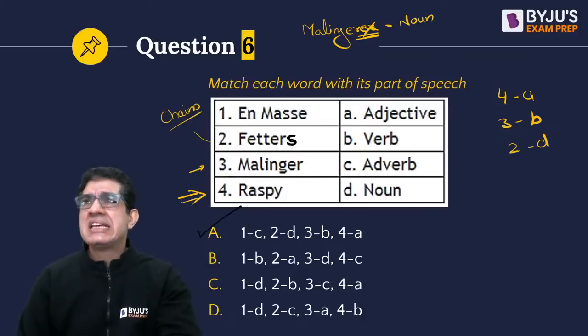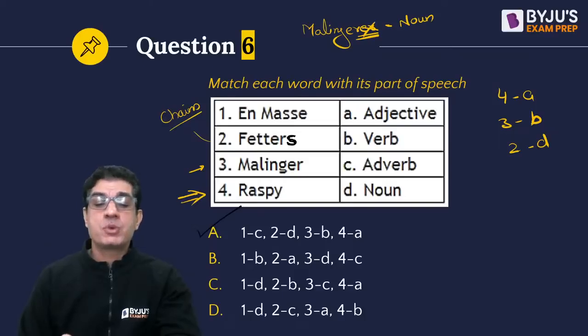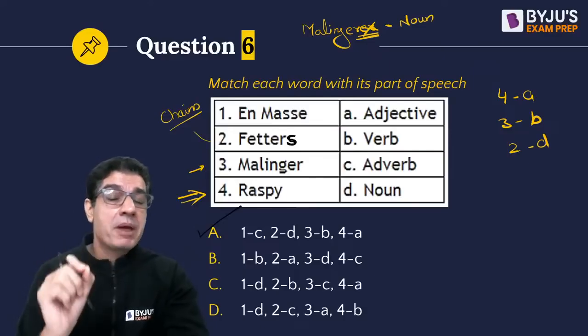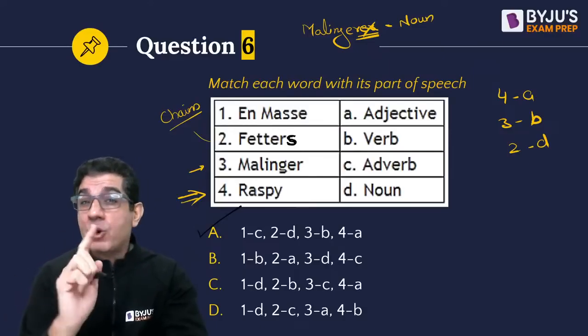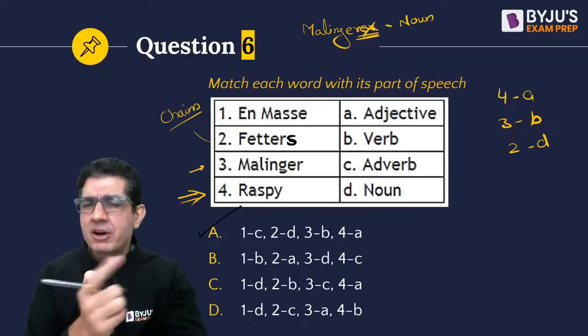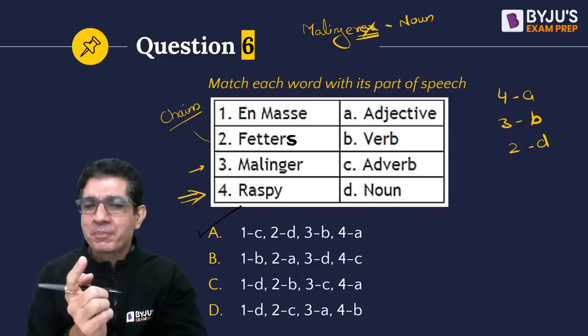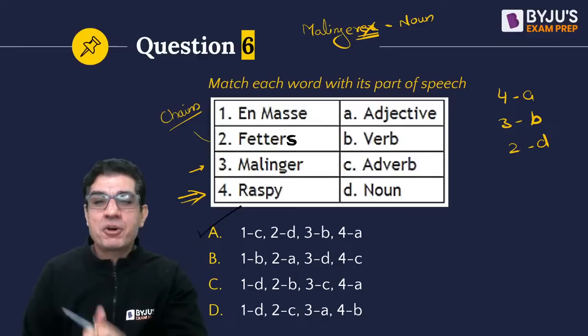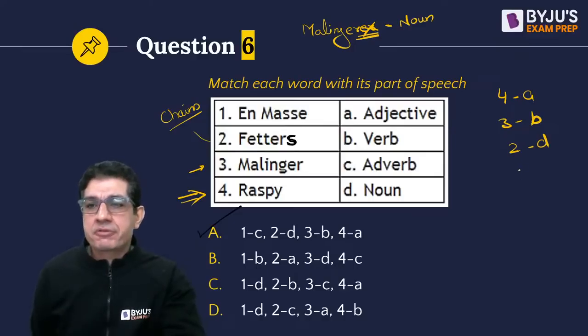For example, he ripped up the papers en masse without looking at any of them. So how did he rip up the papers? En masse, all together, without even bothering to look at them. So this is an adverb of manner, and therefore first is C, and that is why the right answer should be option A.